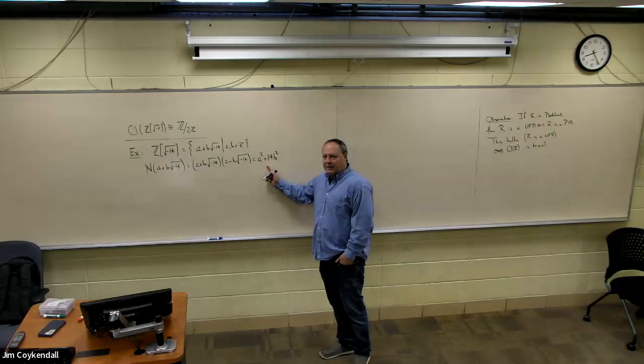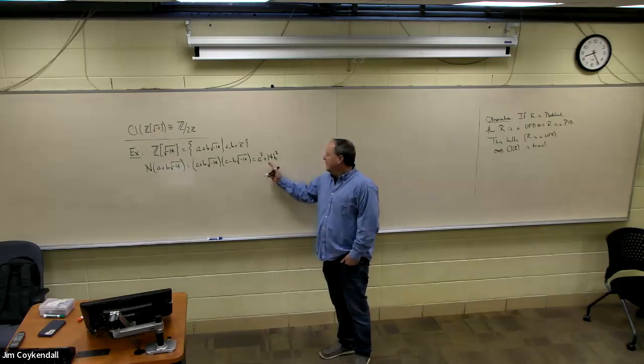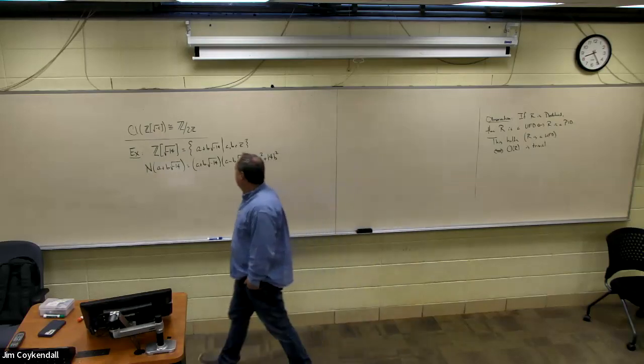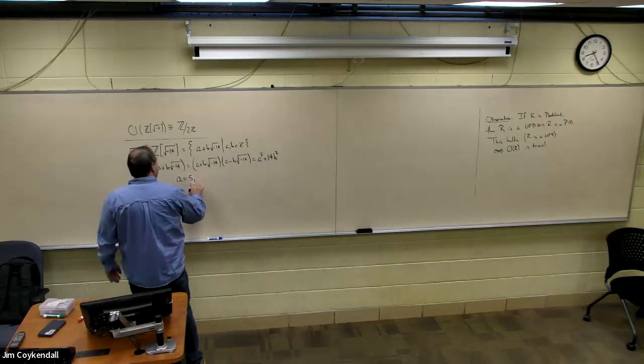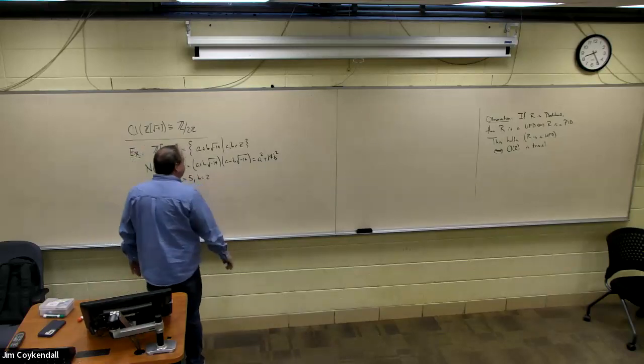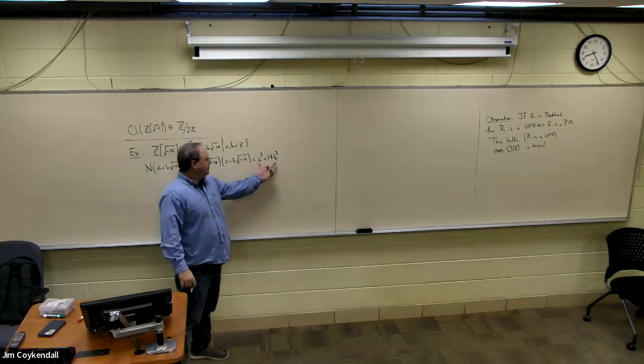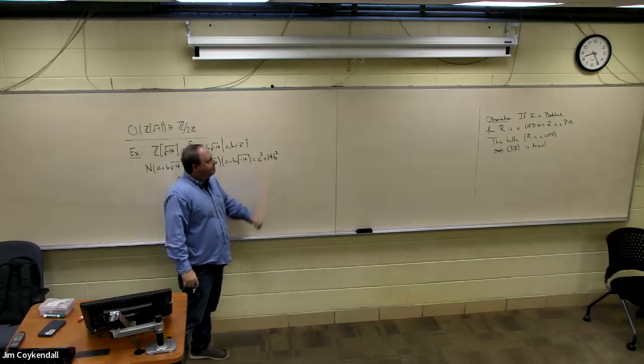Let me point out that if I let A equal 5, B equals 2, that's 25 plus 56 is 81. And 81's got a lot of factors, right? It's 3 to the fourth power. Right?